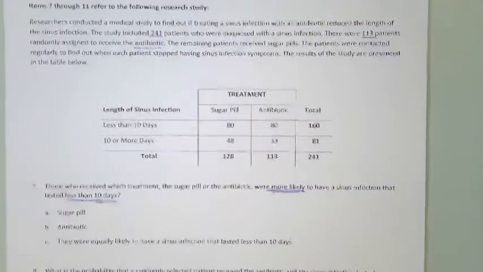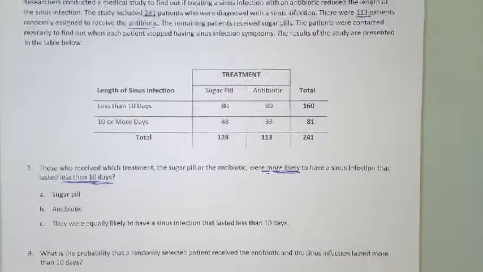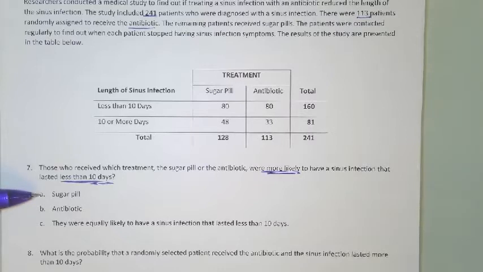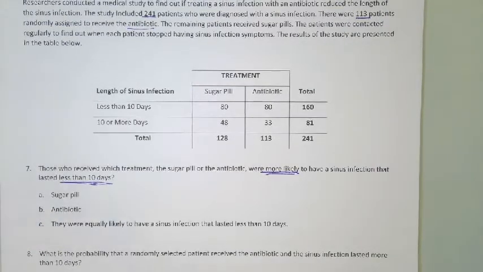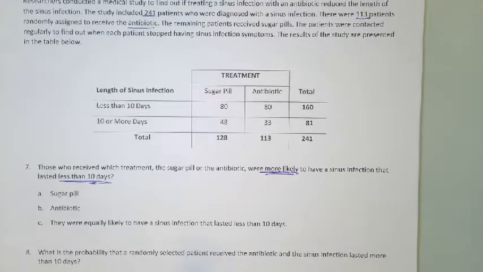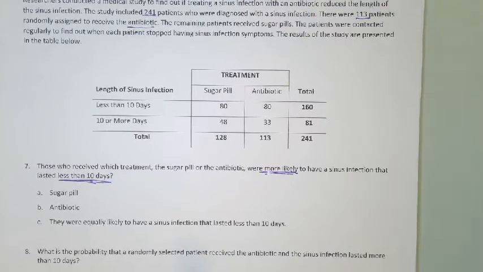Our options are either the sugar pill group, the antibiotic group, or they were equally likely to have a sinus infection that lasted less than 10 days. So you want to be a little bit careful with this question.